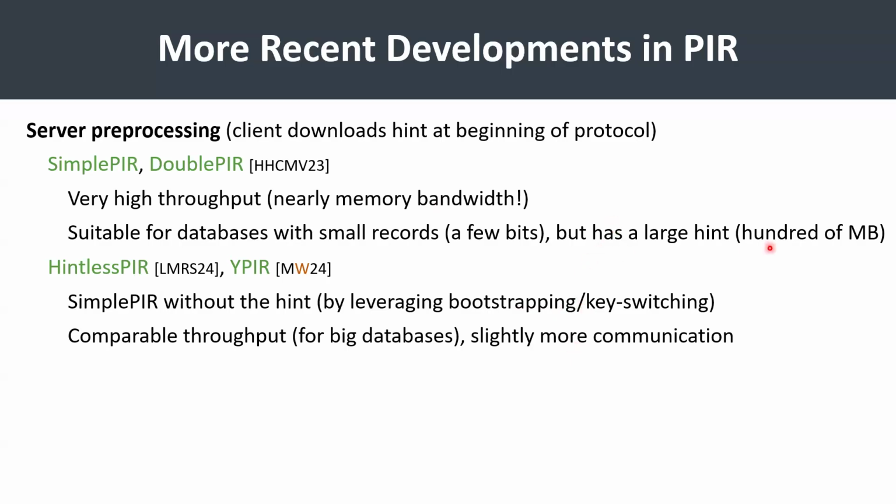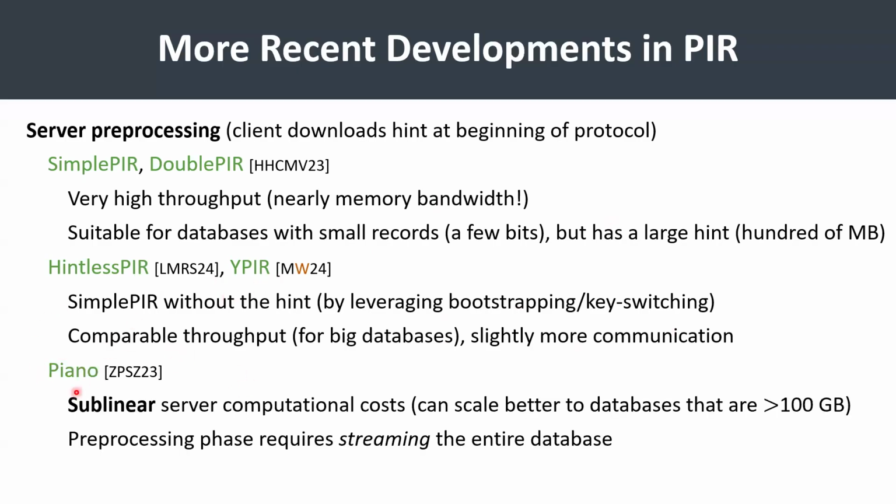So we don't have the hint anymore, and as a result, each of the individual queries is slightly larger. Not by too much, maybe a few hundred kilobytes, but no hint whatsoever. This is very well suited for dynamic databases because there's no maintenance involved here.